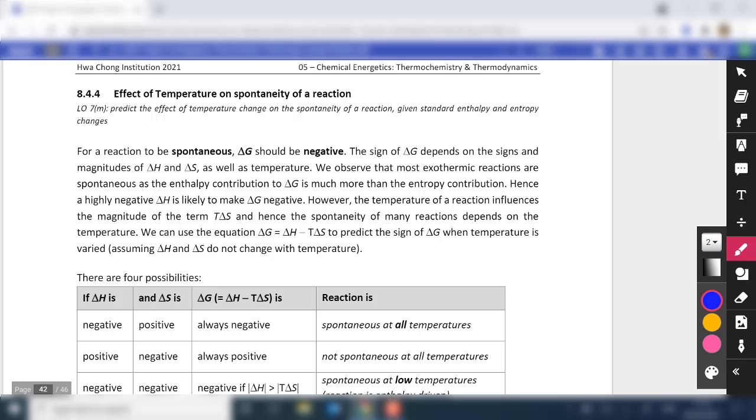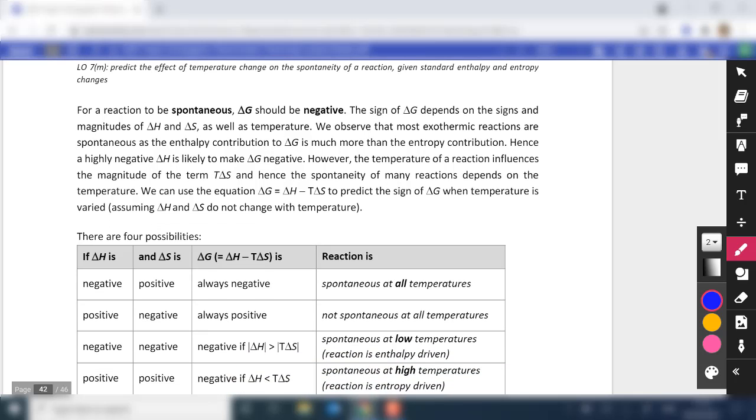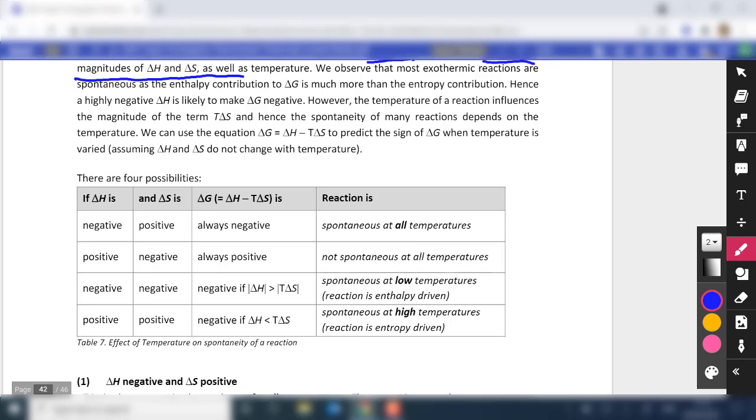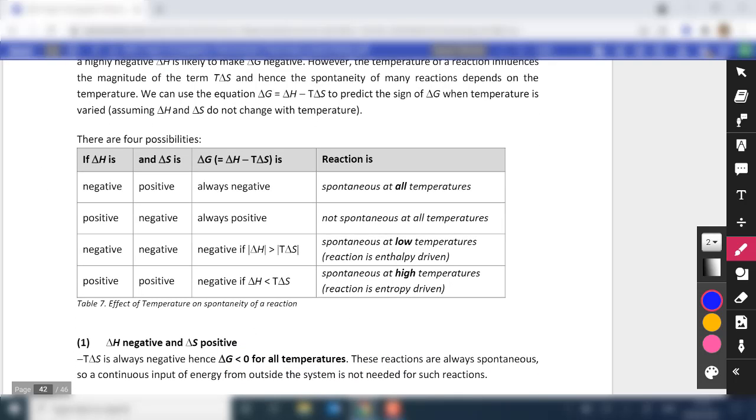One is 8.4.4, which is the effect of temperature on the spontaneity of a reaction. For a reaction to be spontaneous, the delta G should be negative, as we mentioned earlier on. The sign of delta G depends on the signs and magnitudes of delta H and delta S. I'll leave you to work out the mathematics here.